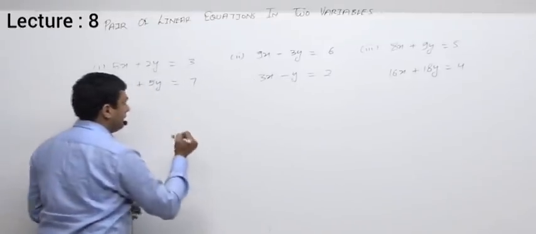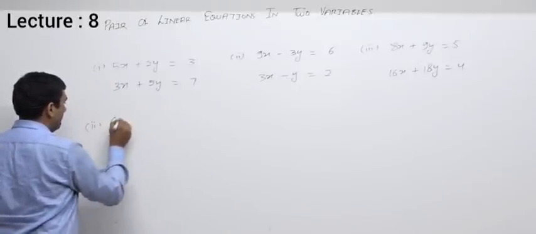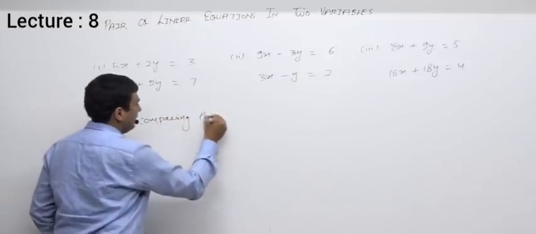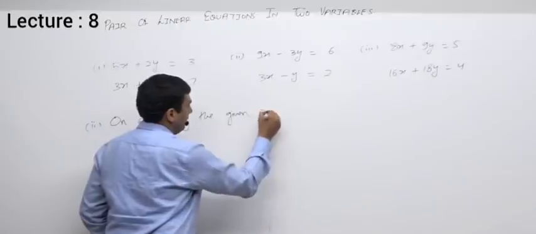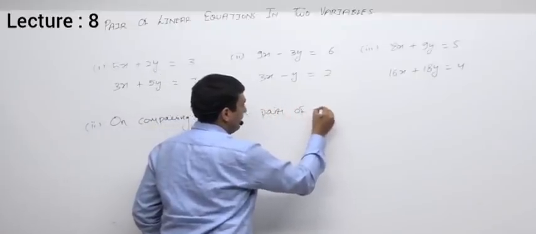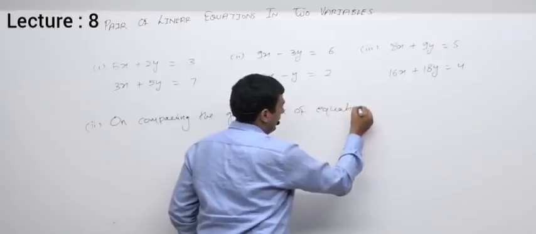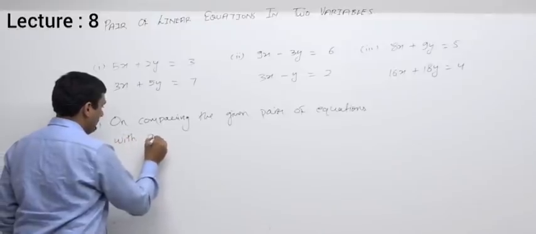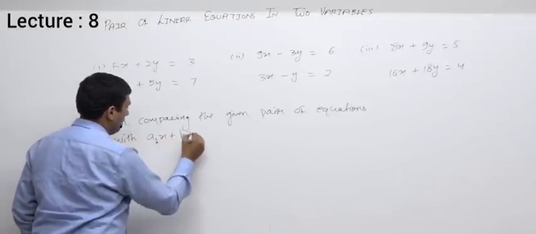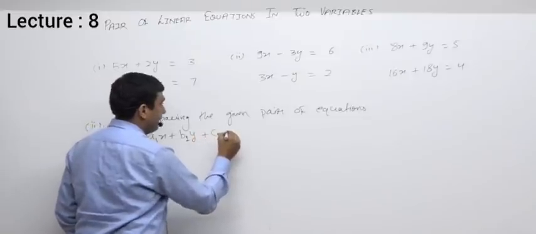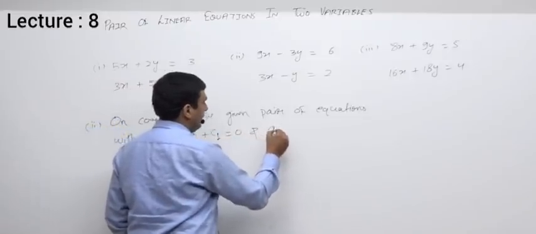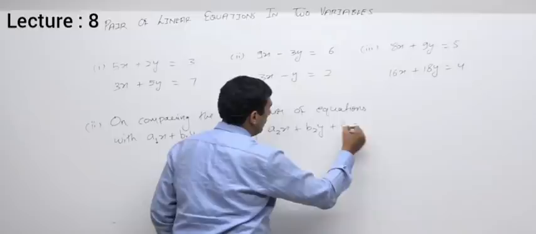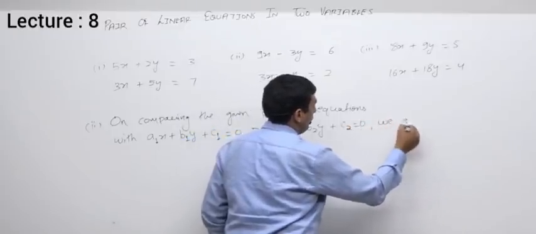So, second one, on comparing the given pair of equations with a1x plus b1y plus c1 is equal to 0 and a2x plus b2y plus c2 equal to 0, what do we get?